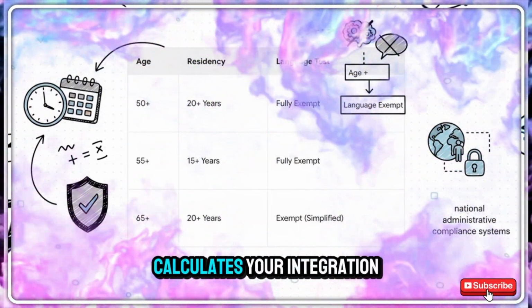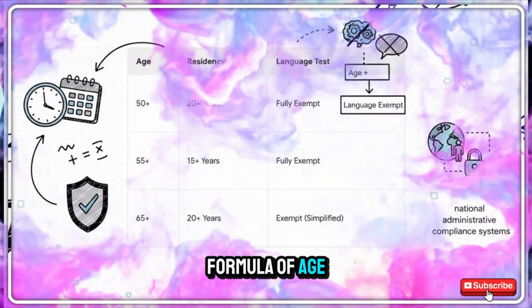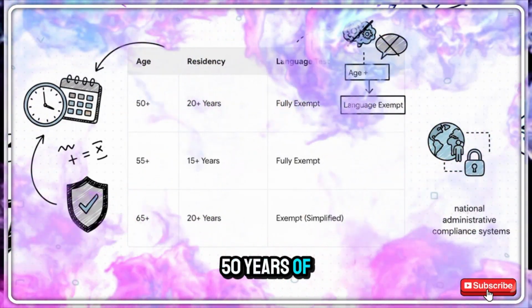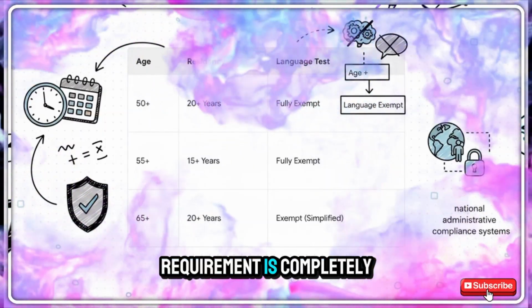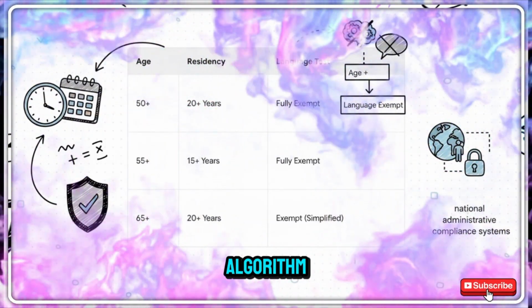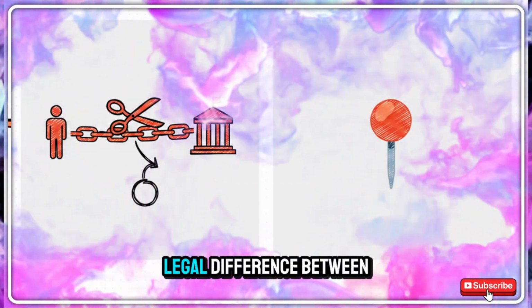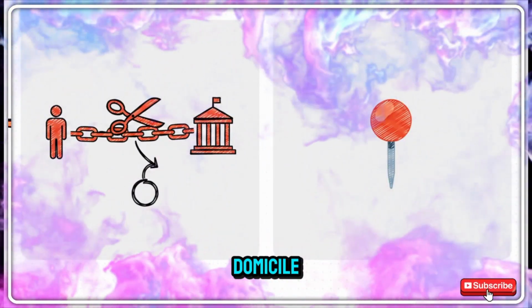However, the state calculates your integration via a mathematical formula of age plus time spent within the jurisdiction. If you hit 50 years of age with 20 years of residency, boom, the language requirement is completely overridden by the algorithm.